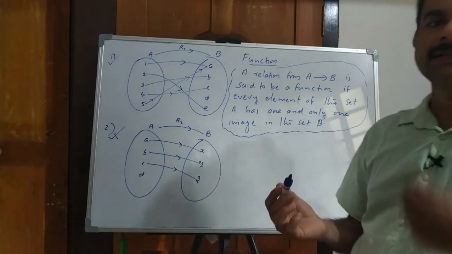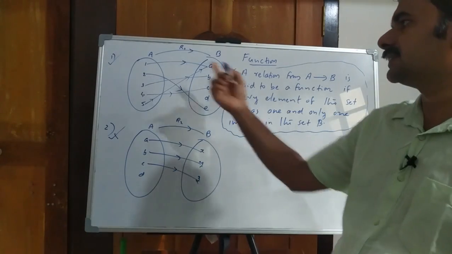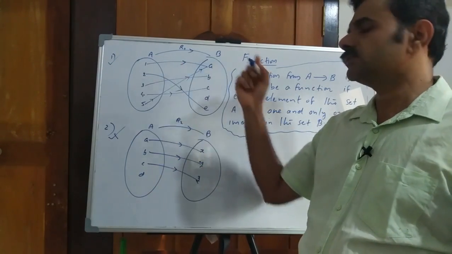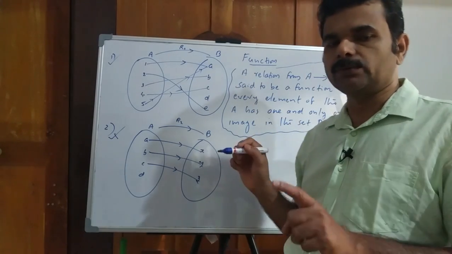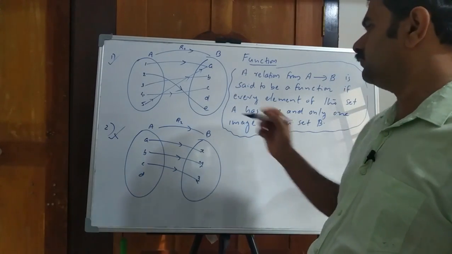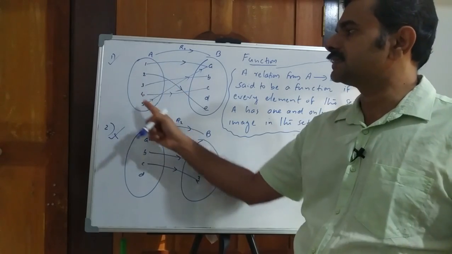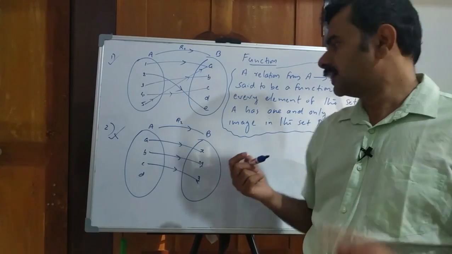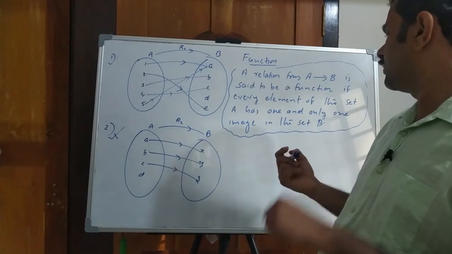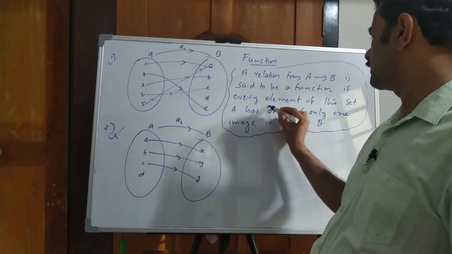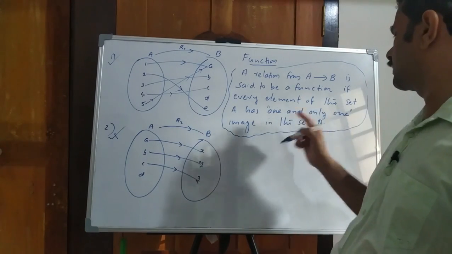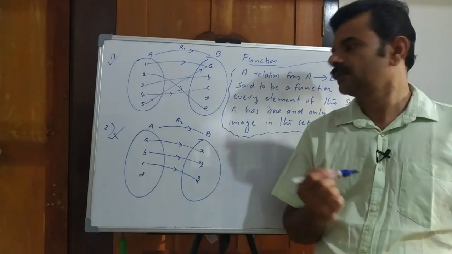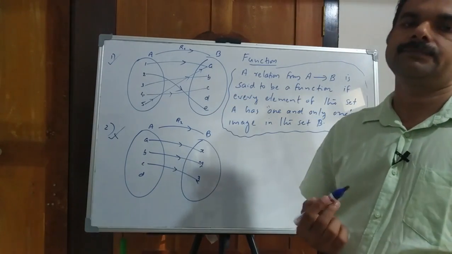A relation from the set capital A to the set capital B is said to be a function if every element of the set capital A has one and only one image, very important, one and only one image in the set capital B.